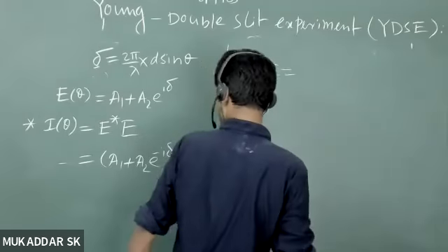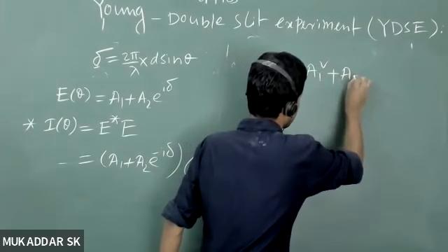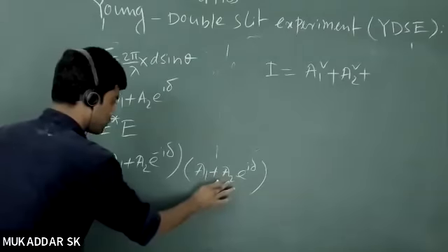Okay, so how much it will be basically? कितना हो जाएगा? So basically it will be A1 square plus A2 square, right?